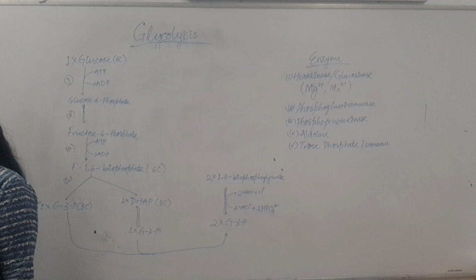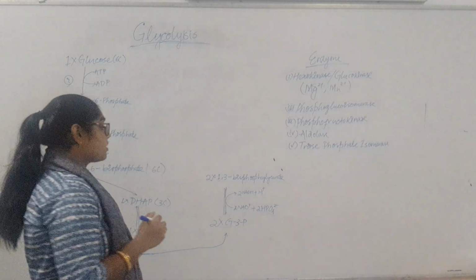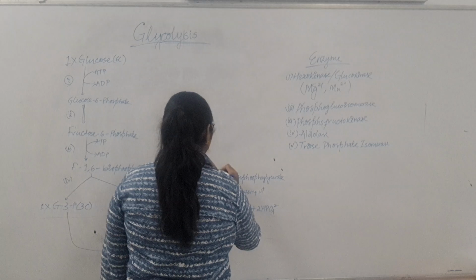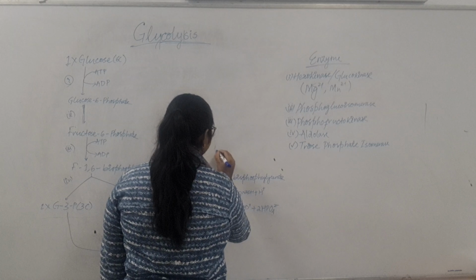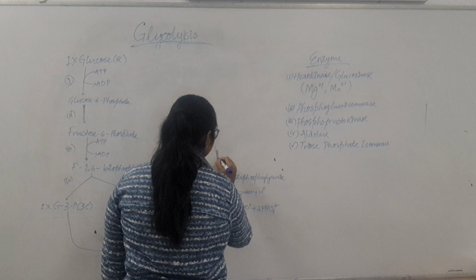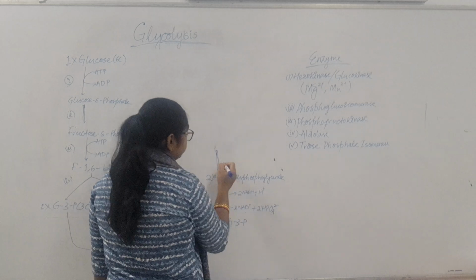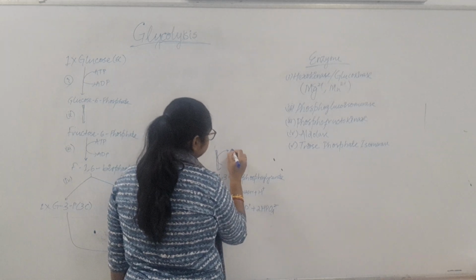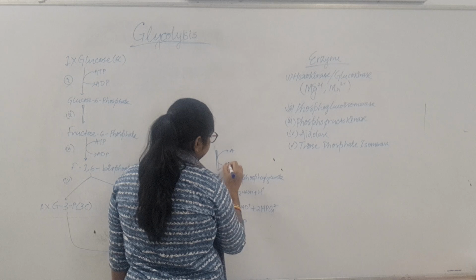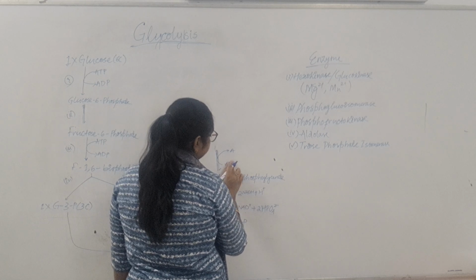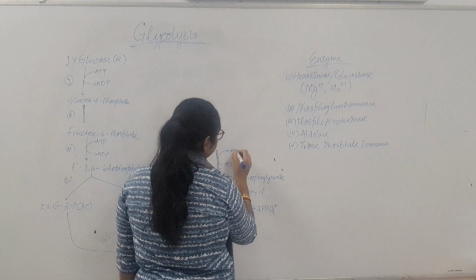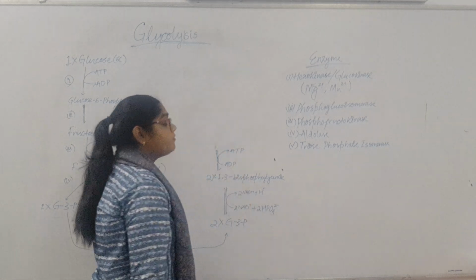Now this 1,3-bisphosphoglycerate will release one phosphate group from itself. That means ADP accepts that phosphate group and converts to ATP, in the form of energy.